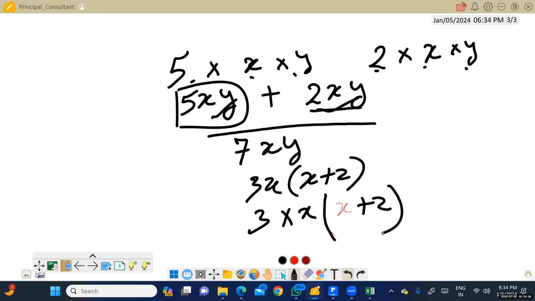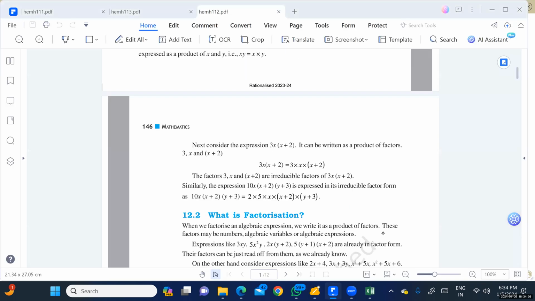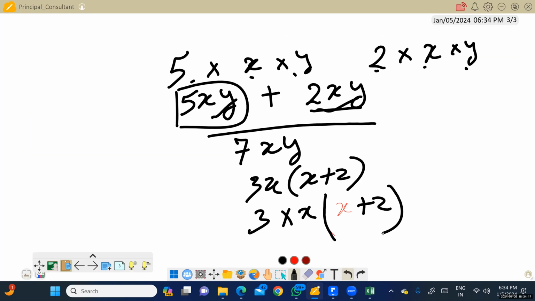Then how do we further expand this? By default, we know this is also known as multiplication, right? Yes, sir. We know this, x plus 2.